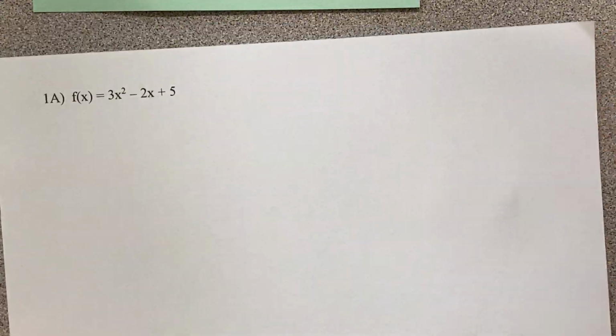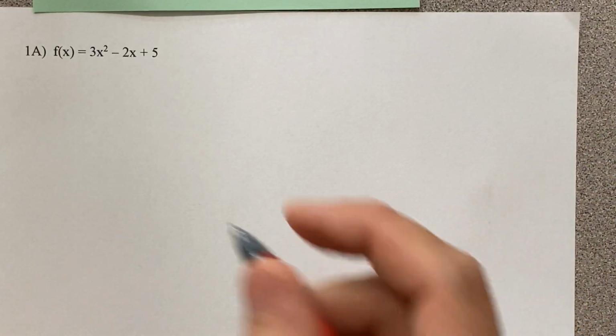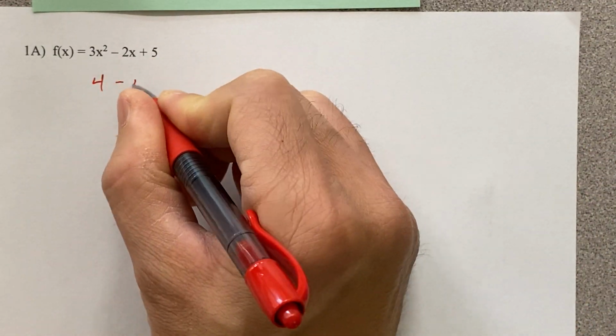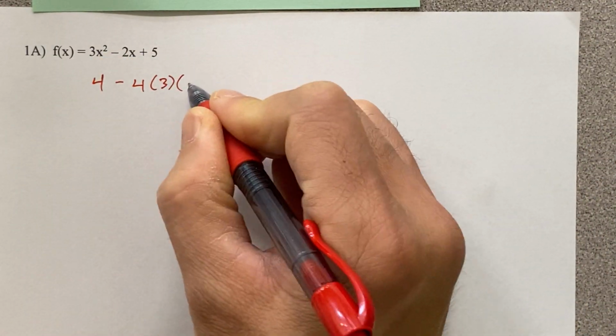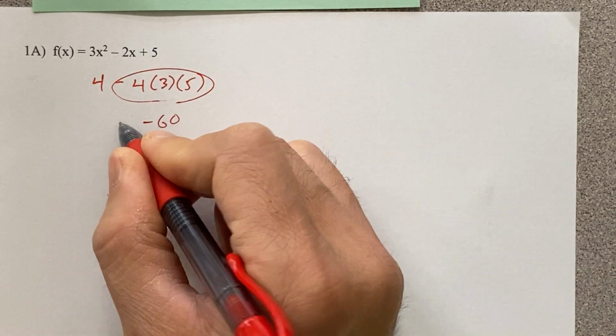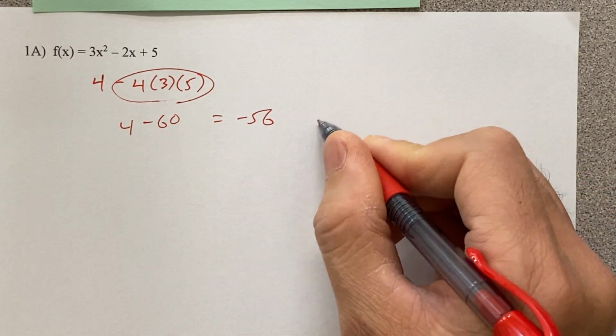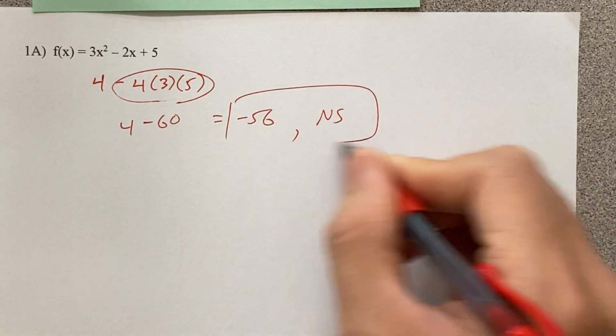Okay. All right. So if I take a look at problem 1a, once again, b squared minus 4ac, so that's going to be 4 minus 4 times 3 times c, 5. So multiply these, that's negative 60. 4 minus 60 is negative 56, which means I have no real solution, 0 real solutions. Okay.